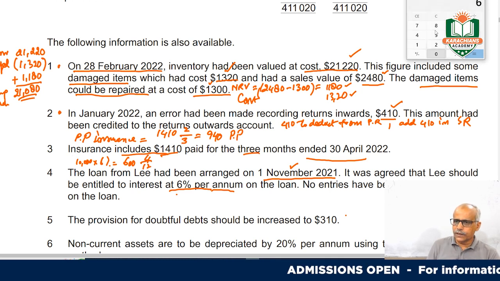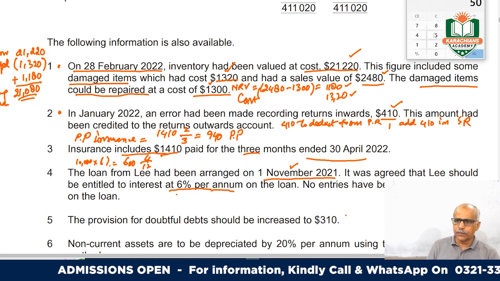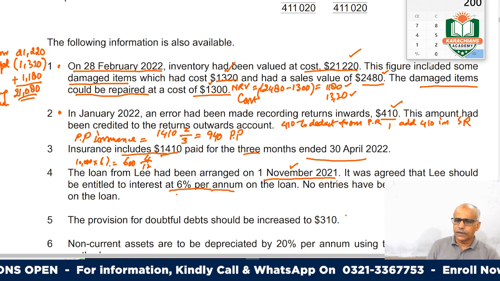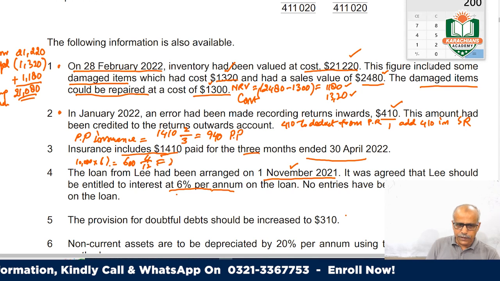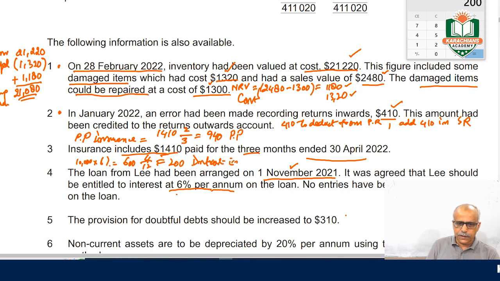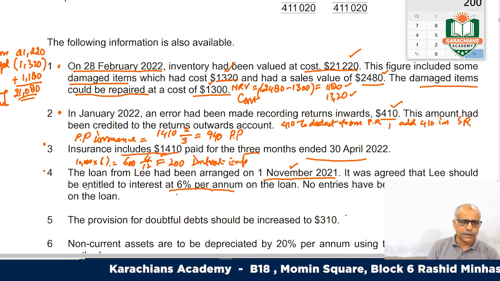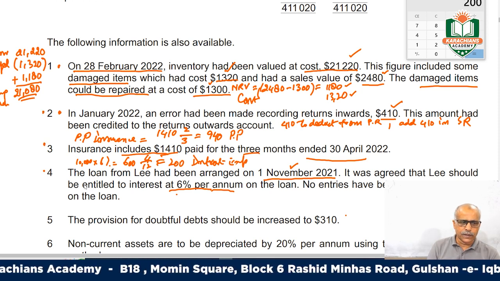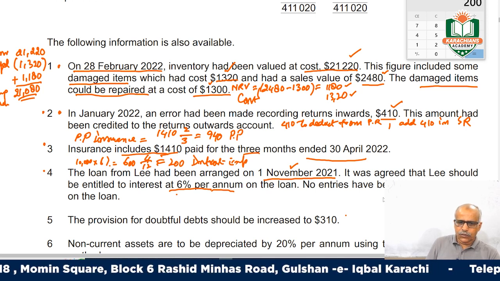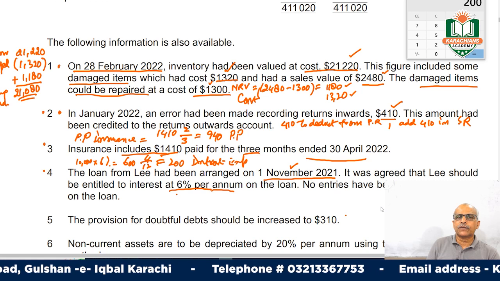600 divided by 12 and then multiplied by 4, so this is 200. 200 is interest expense, and we will consider this when making our income statement. What will be the entry for this interest?